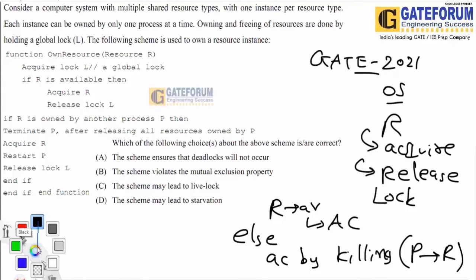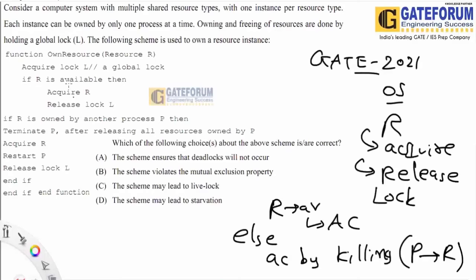The third option is that the scheme may lead to livelock. Livelock is a concept in which the request is denied repeatedly. Let's say a process P requests a lock and gets the resource R, but then some other process terminates it. Again it restarts and asks for the resource R, some other process might come and terminate it again.